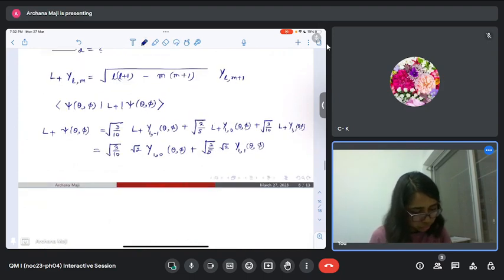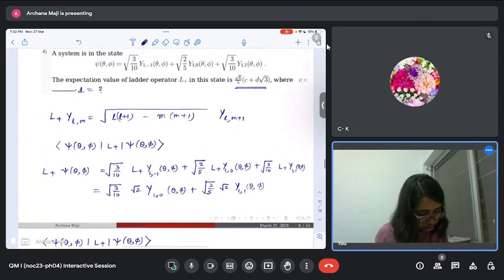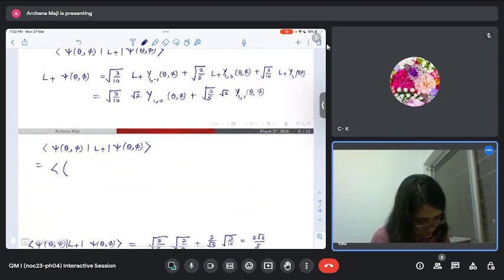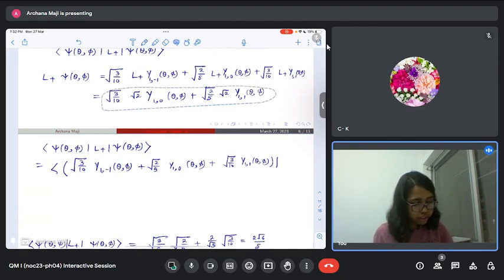The state psi is square root 3 over 10 y1 minus 1 theta phi plus square root 2 over 5 y1 0 theta phi plus square root 3 over 10 y1 1 theta phi. This entire state with this state.